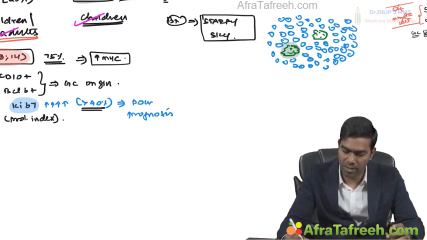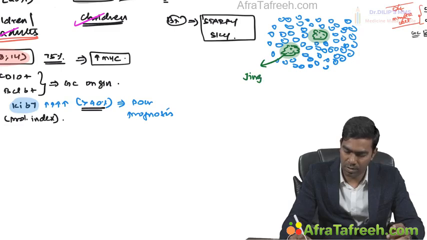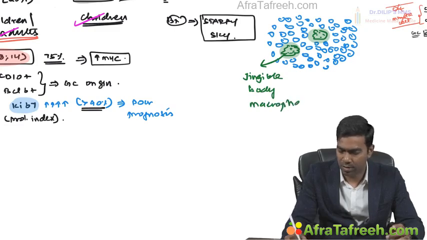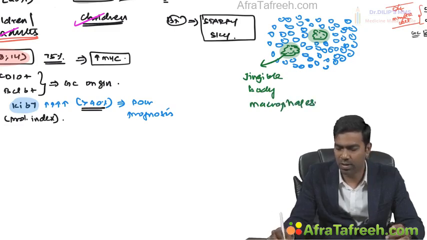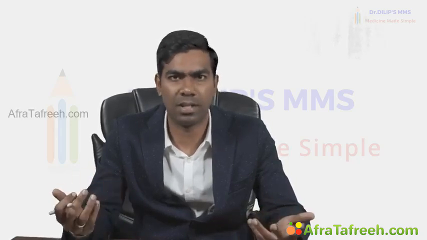In between you have these scattered tingible body macrophages. This is very important. These are macrophages that are sitting within the malignant lymphocytes, and they have some ingested lymphocytes with them, which are going for apoptosis.